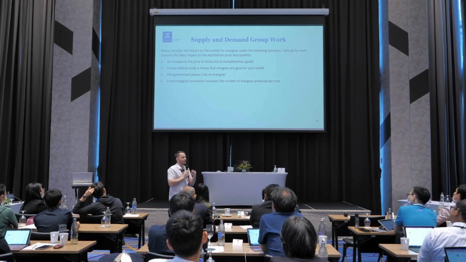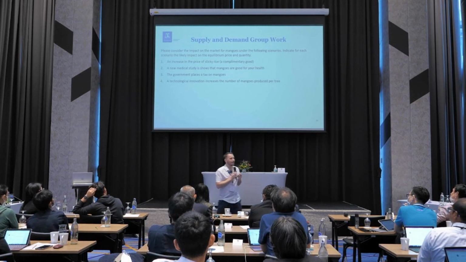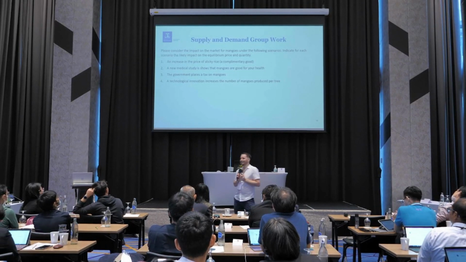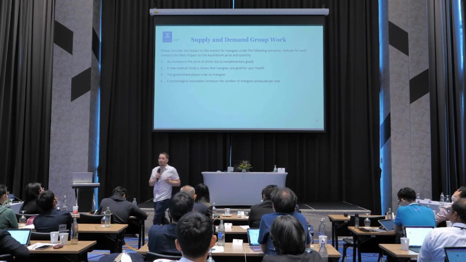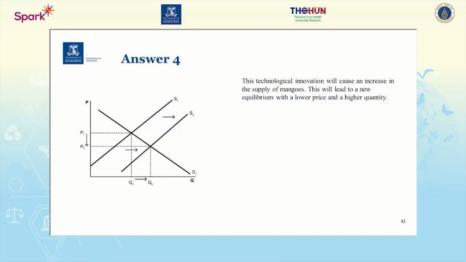So if it goes to the right, does quantity increase or decrease? Increases, yes, you're such good students, thank you. Okay, and then what happens to price? Lower price, yeah, decreases. So this is what happens. The innovation causes an increase in the supply, resulting in a higher quantity, but also a lower price. So good for producers, good for consumers. Everybody gets more mangoes and more affordable mangoes.